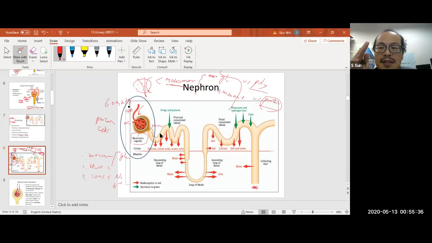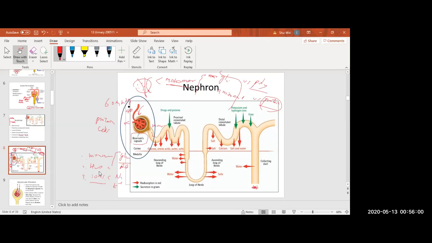Our body needs glucose, amino acid, water, ions. Which one is the most important to our body? Water. Water is important, very good.